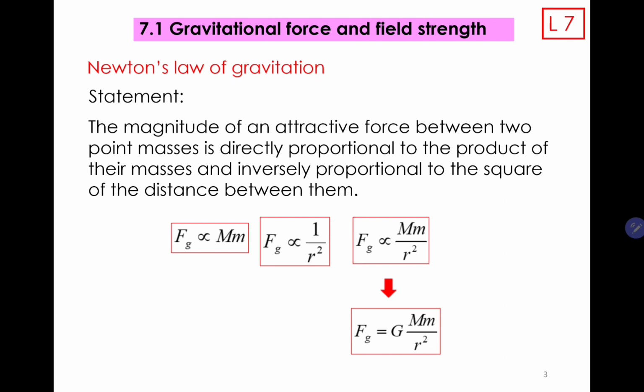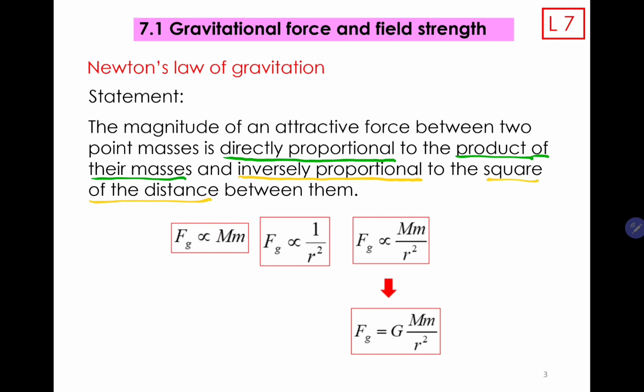Alright, so there are two different factors. The first one is the force is directly proportional to the product of masses. And the second point is inversely proportional to the square of the distance.